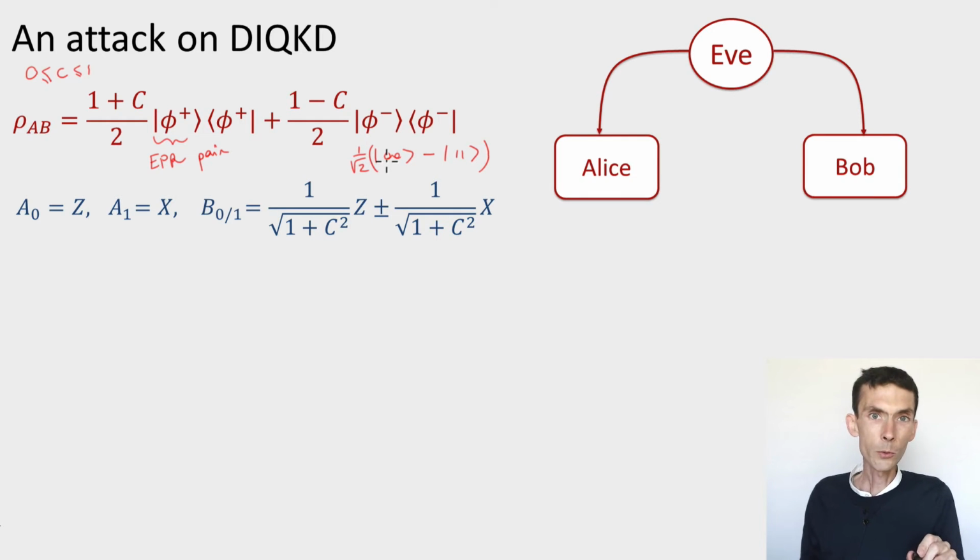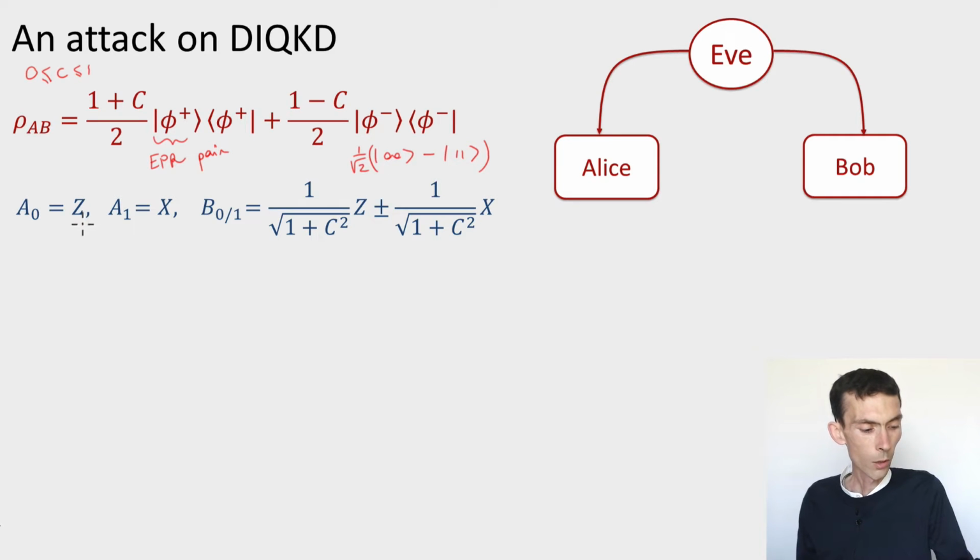And now here are the measurements. Alice's device will perform the honest measurements, so a measurement in the computational basis if the input is a 0, and a measurement in the Hadamard basis if the input is a 1. So that's the honest measurements. But the measurements by the B device are slightly rotated. You can see that if C is equal to 1, this is just the CHSH strategy. If I take C equal to 1, the state is an EPR pair.